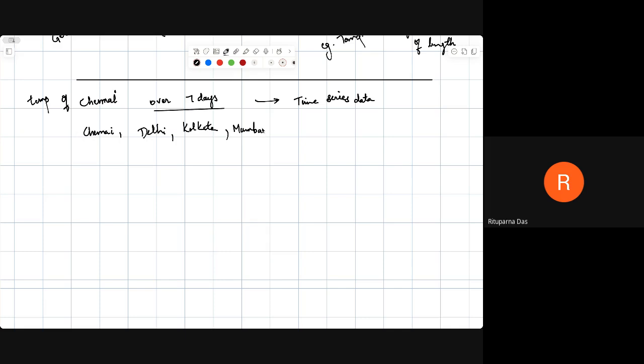When you're observing four different variables at a particular time, say at 12 p.m., for example, this is just an example, that will be an example of cross-sectional data. So these are the main types of data.